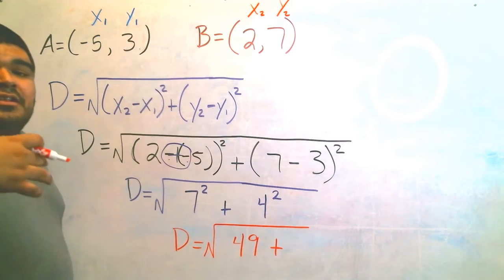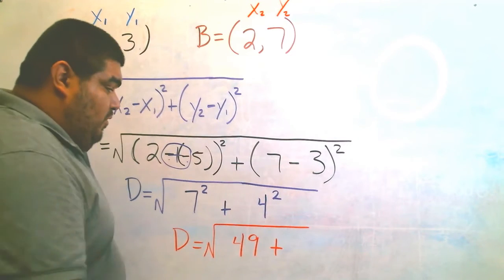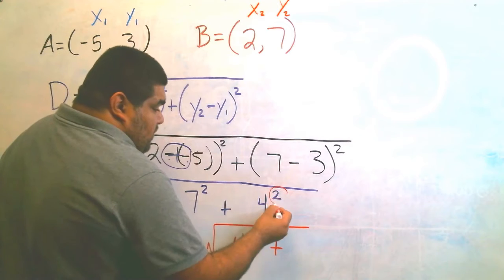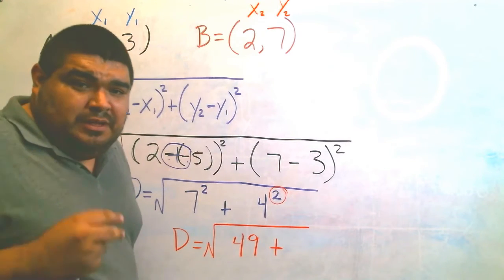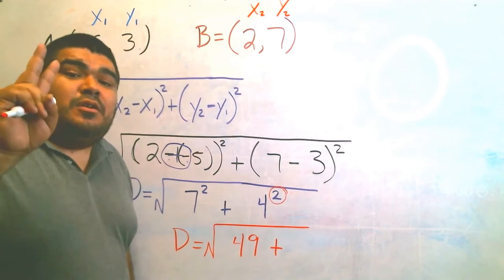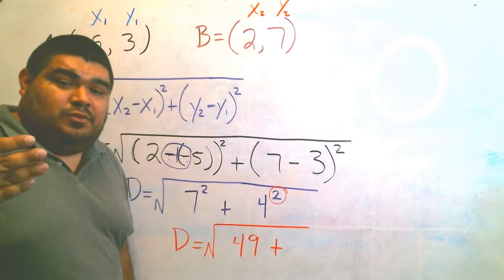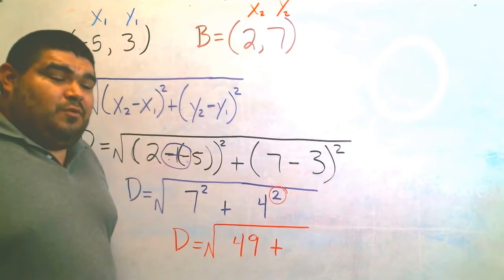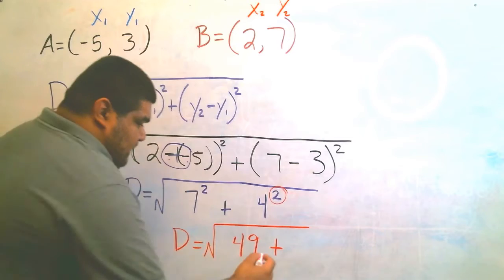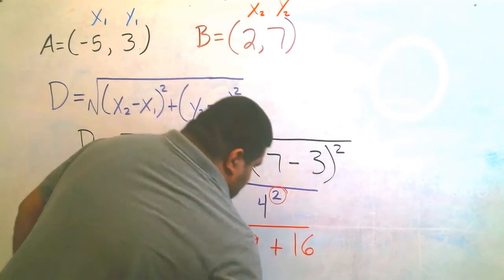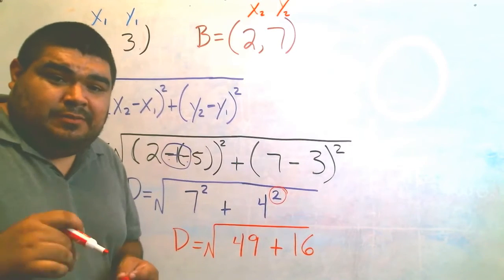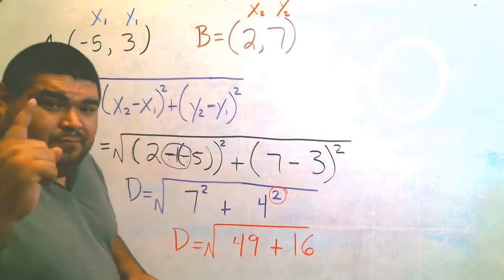Plus, now we have 4 times 4, because remember, the little 2 on top is telling us it's the number times itself, 2 times. So 4 times 4 is 16. We're almost done, okay? So we have one more step to do.